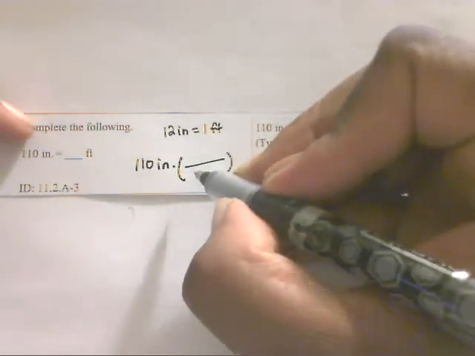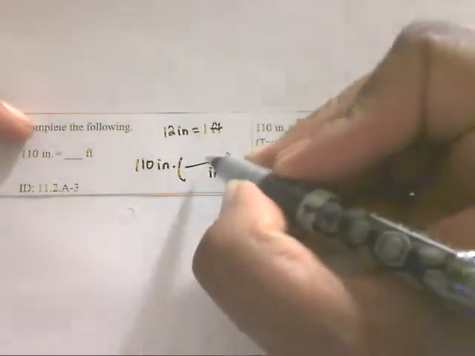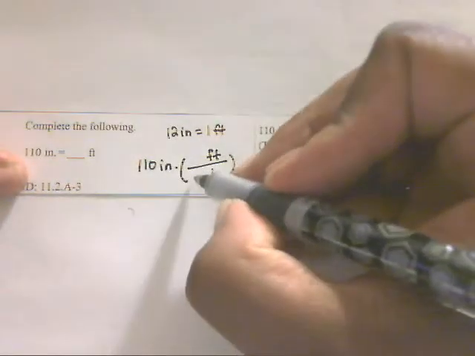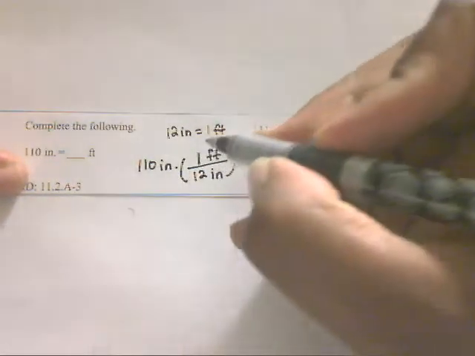What we're converting from goes on the bottom. What we're converting to goes on the top, which is your feet. So inches go on the bottom, feet goes on the top, and the respective numbers go with their respective units. 12 inches, the 12 goes where the inches is, equal to 1 foot. The 1 goes where the foot is.